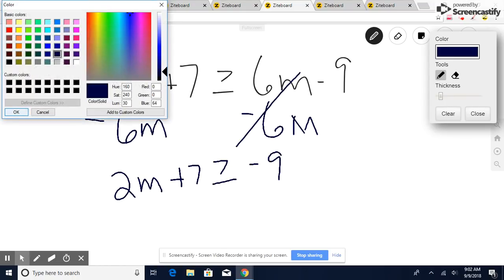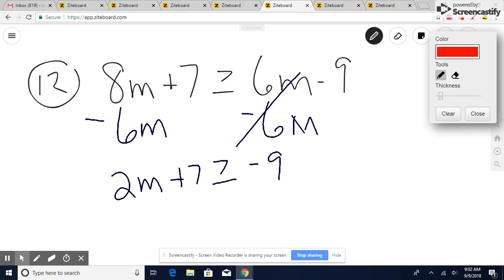Okay. So now what I have is a 2-step. So I'm going to minus 7. Minus 7. That cancels. Okay. So I'm going to work over here. So I have now 2M greater than or equal to -9 minus 7 is -16.